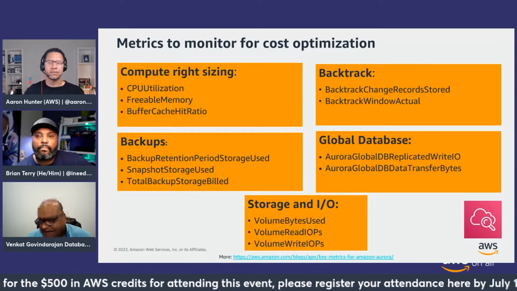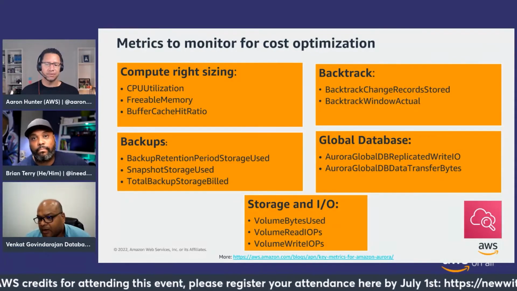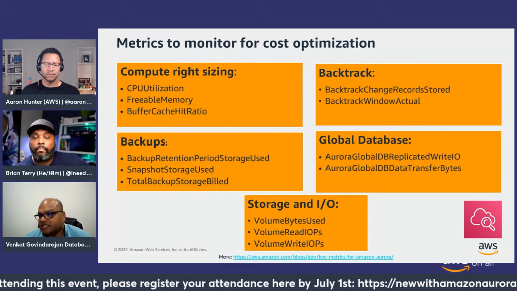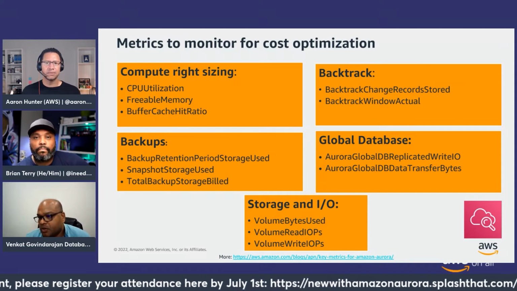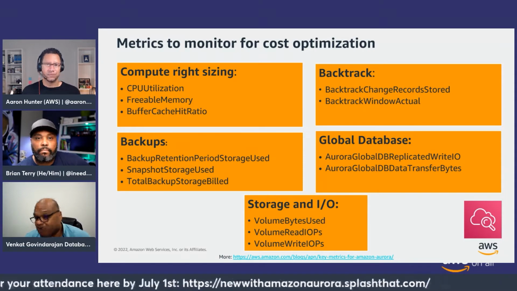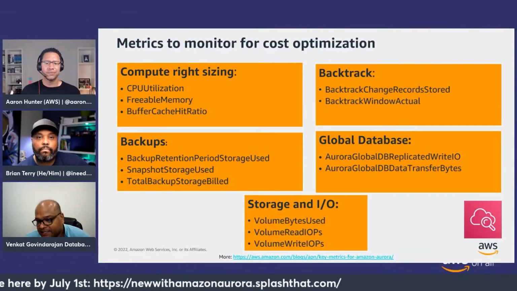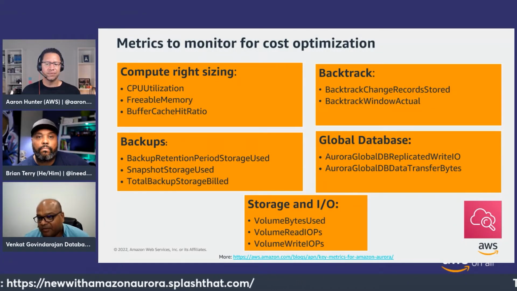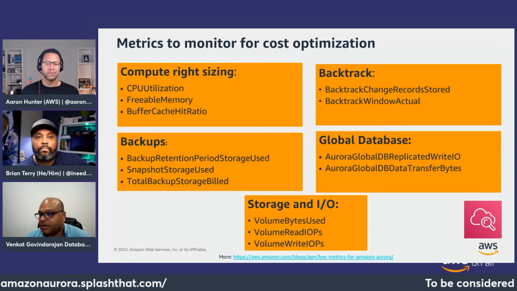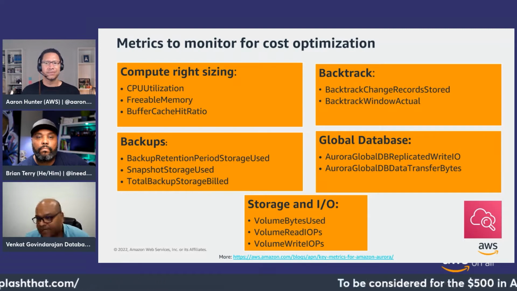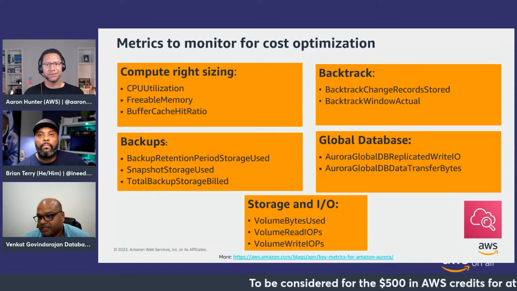The metrics listed there outline your CPU utilization, your free memory, and your buffer cache hit ratio. We're always talking about caching. We talked about, if you can, hit more cache, don't hit the database or the storage, hit cache. That is your metric for it.